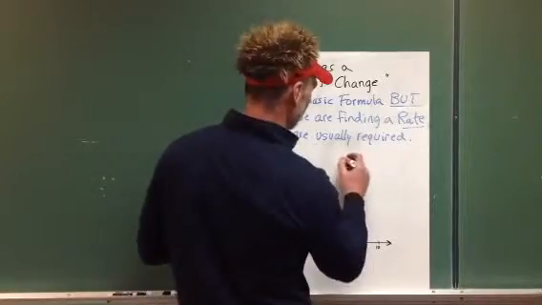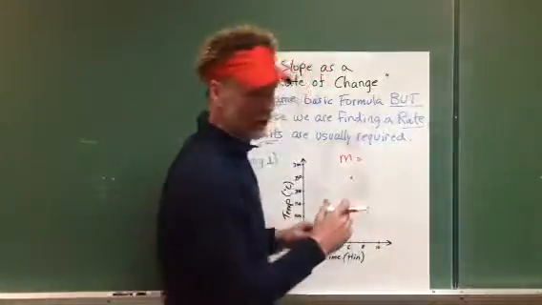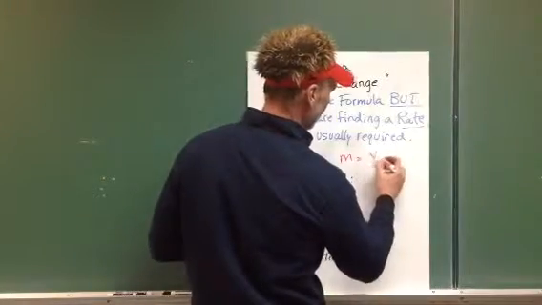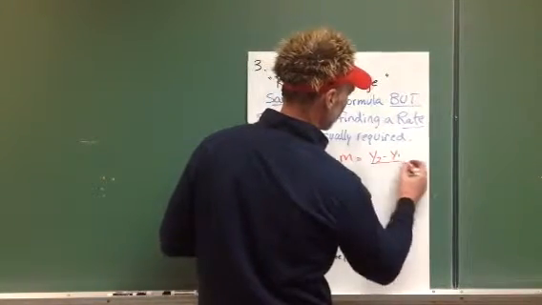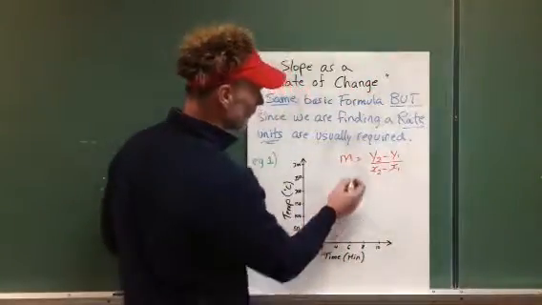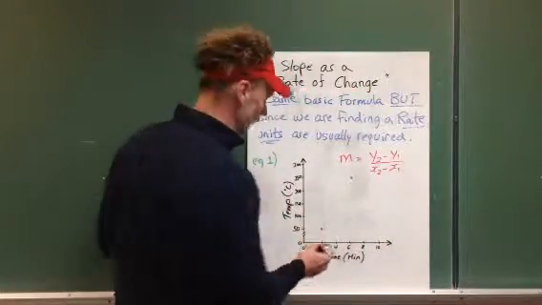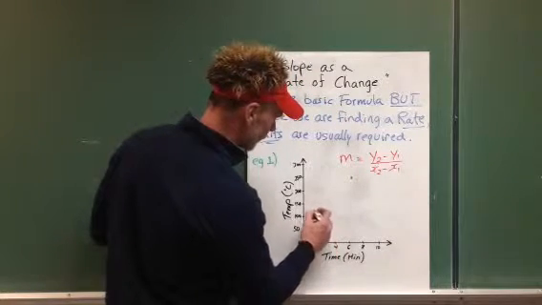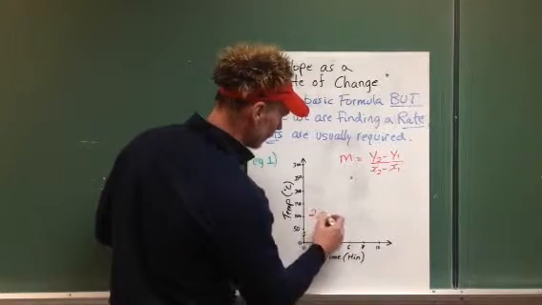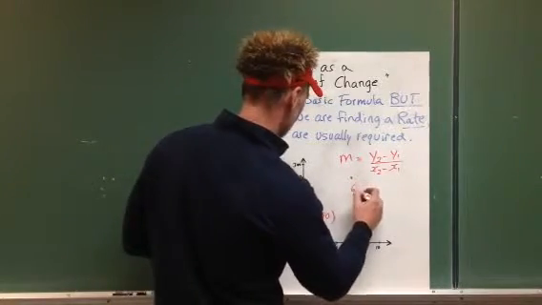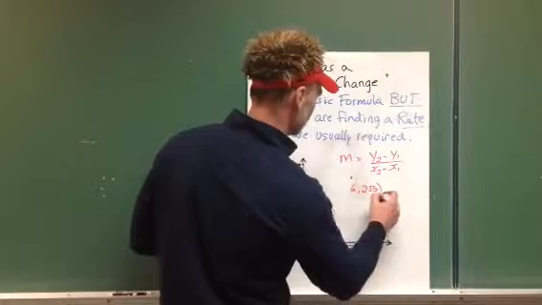So we have slope, or rate of change, think of it one and the same, y2 minus y1 over x2 minus x1. We can call this point 1 and this point 2, or vice versa, just make up your mind. So the coordinates of this point are (2, 50), and the coordinates of this point are (6, 250).